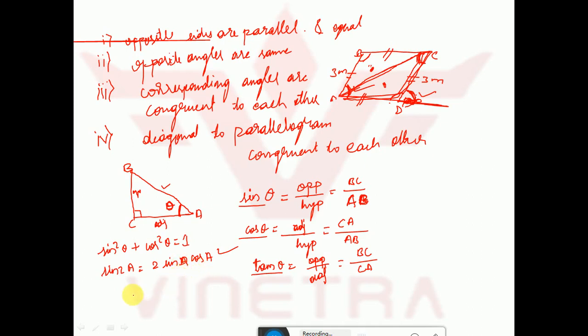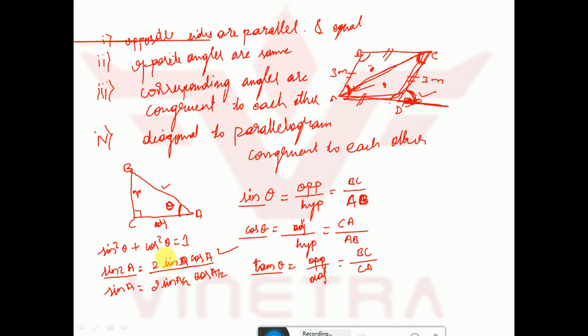So usually sine a is equal to 2 times sine a by 2 into cos a by 2. In this manner we used to know the value. So sine 2a is equal to 2 times sine a and cos a.